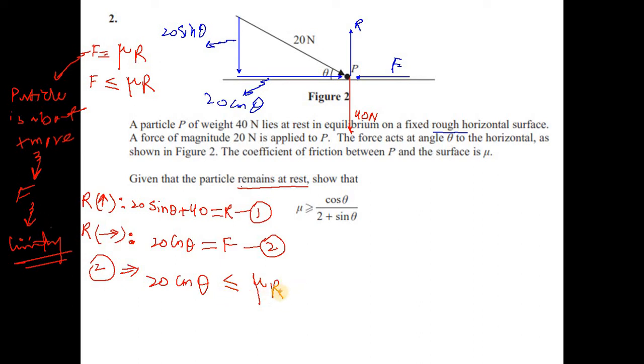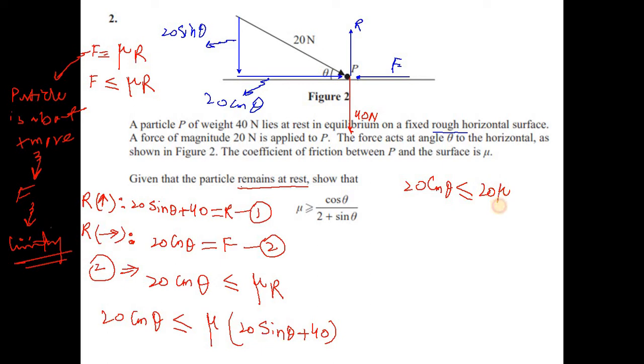And now you can replace this R from equation number 1. So 20 cos theta is less than and equal to mu times R, and R in equation number 1 is 20 sine theta plus 40. Then you can take 20 common. So 20 cos theta is less than and equal to 20 mu times sine theta plus 2, and then 20 and 20 get cancelled.